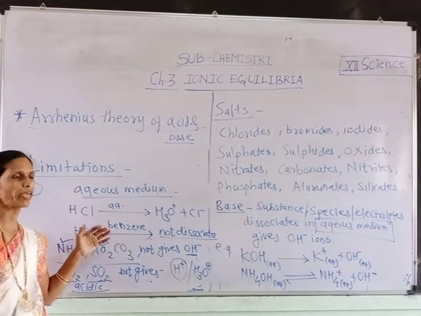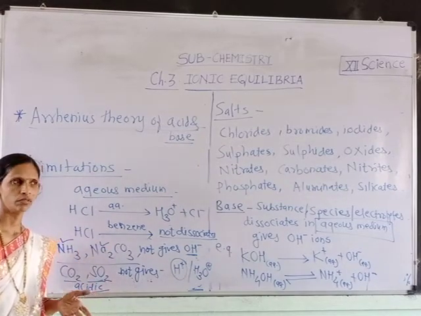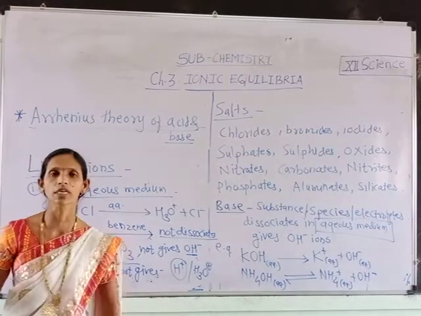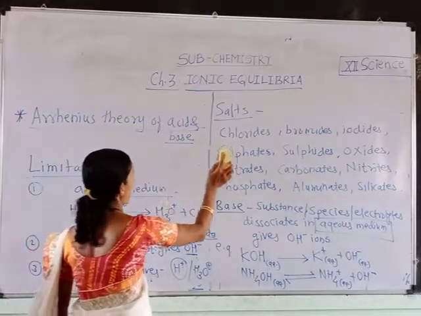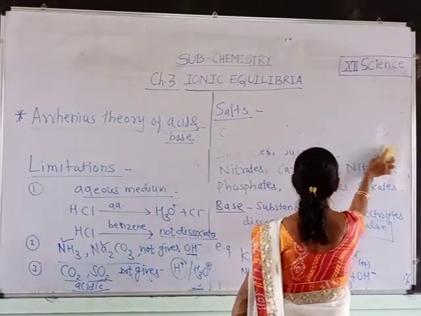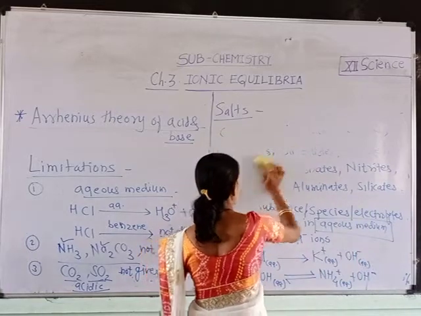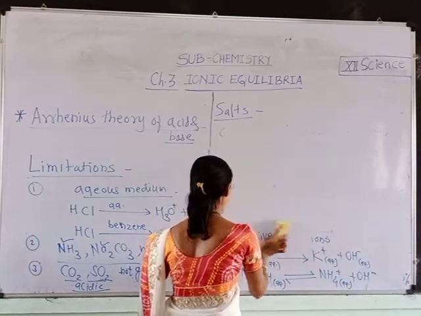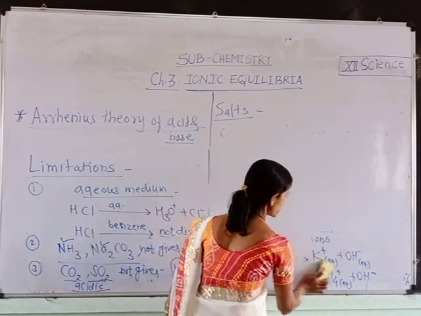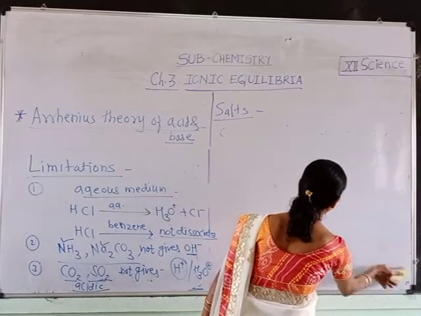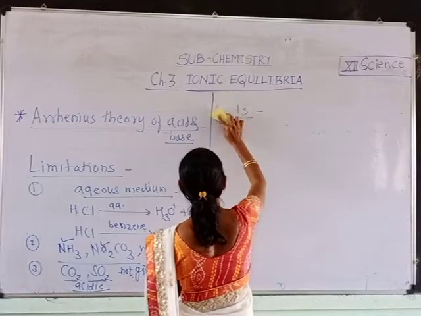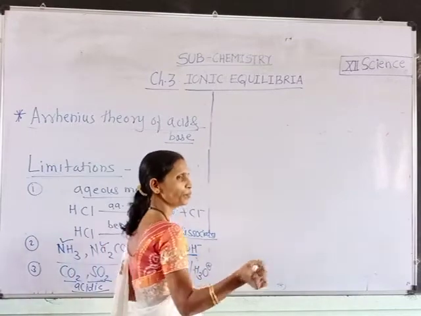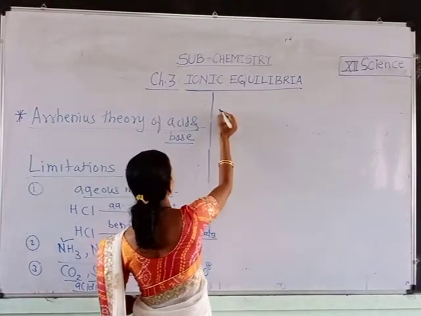Then these drawbacks are removed by the next theory, that is the Bronsted-Lowry theory of acid and base. Lowry and Bronsted are the scientists who made an attempt to explain acids and bases on the basis of only the proton present in the aqueous medium of the substance.